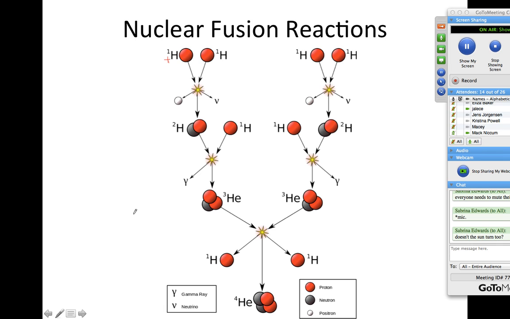So what happens with the plasma? Where is the electron of this hydrogen atom? Is it close by? What is the difference between a hydrogen gas and hydrogen plasma? Type your answer in the chat.